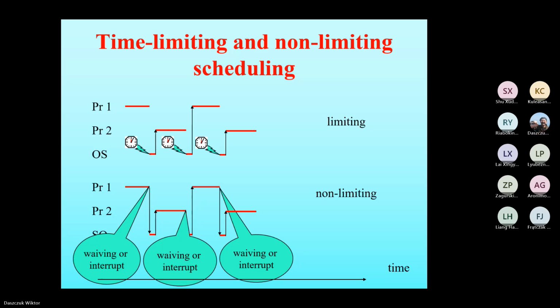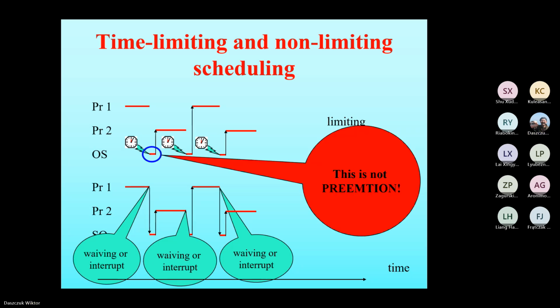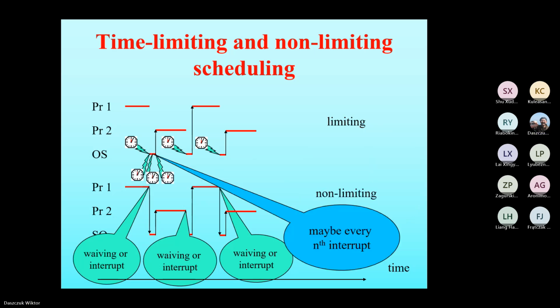When a timer interrupt causes taking back the resource, it is limiting. It is not preemption. Okay. Sometimes it is not every interrupt, but every end interrupt.